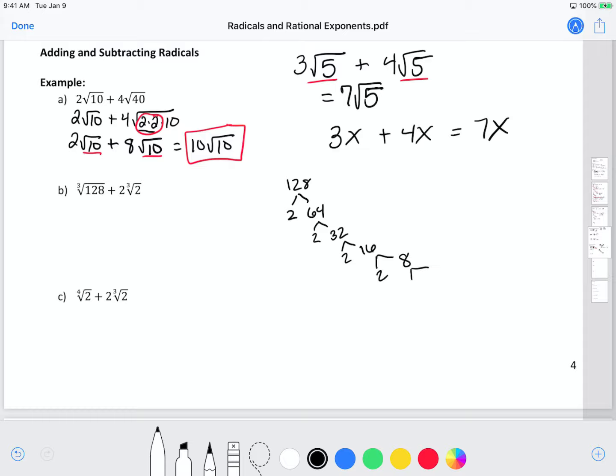And 8 can be written as 2 times 2 times 2. So I have 1, 2, 3, 4, 5, 6, 7 2's. So I can rewrite the cubed root of 128 as 7 2's.